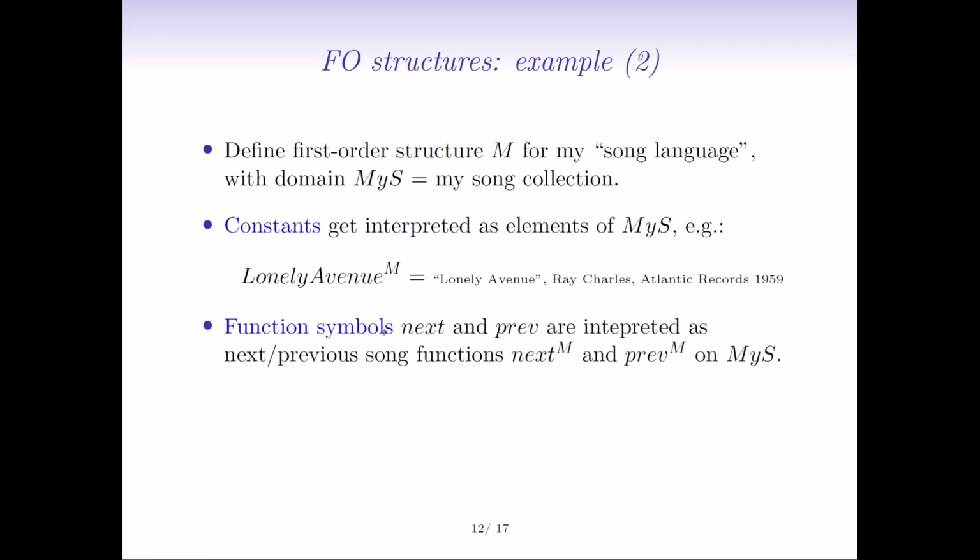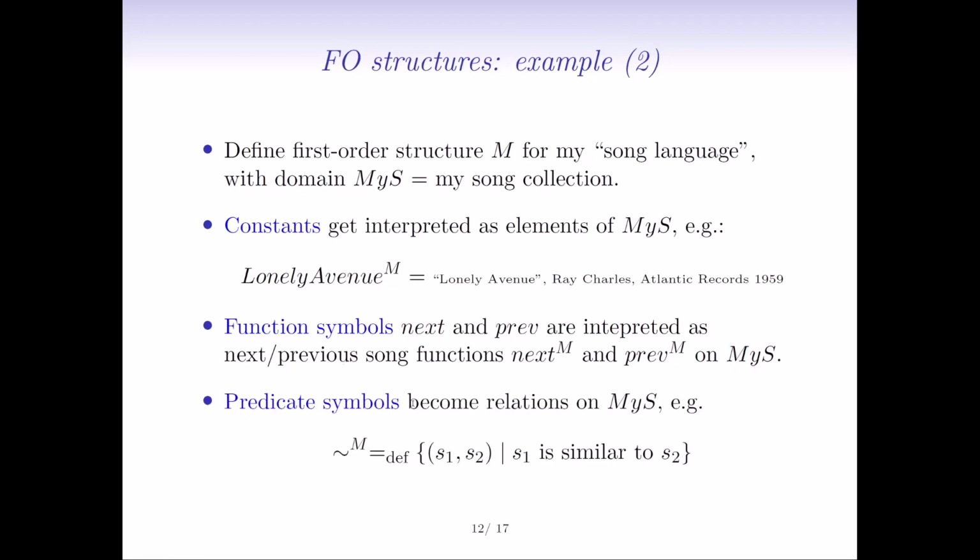The function symbols next and prev are interpreted as the next and previous song functions, which I'll write as next M and prev M on my song collection. So I assume that all the songs in my S are written down in some order, and next M is the function that takes a song and returns the next one in that list, and we can imagine that perhaps it loops round if you get to the end, and prev M gives you the one before.